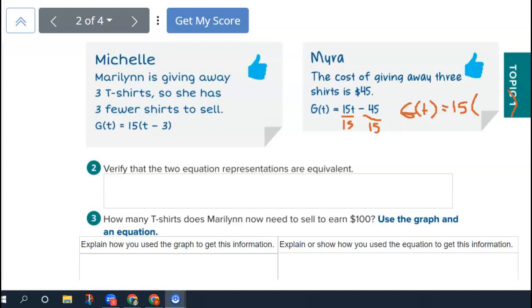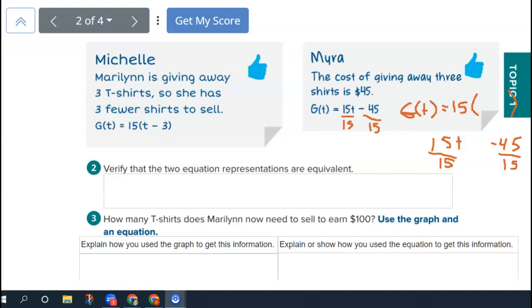So in here in parentheses, you would write down what 15t divided by 15 is. And remember, 15 over 15 is 1. So the 15 over 15 part will become 1. And then you'll also write down what negative 45 divided by 15 is.